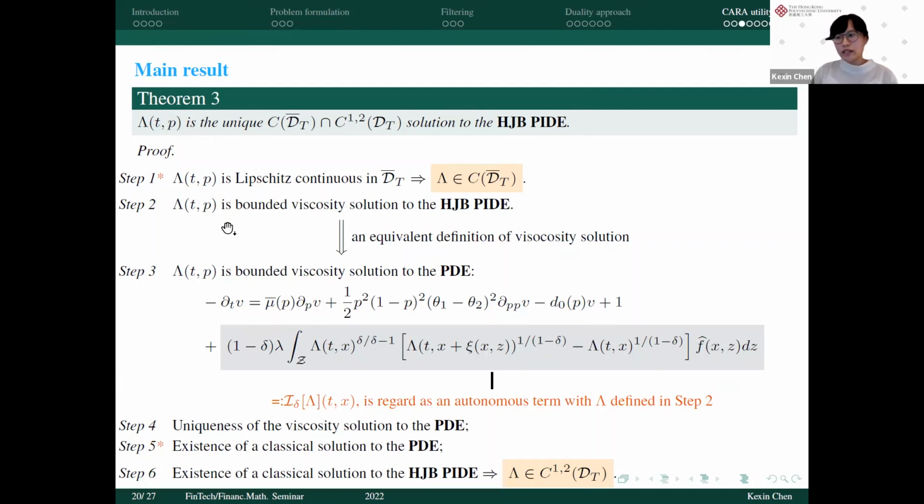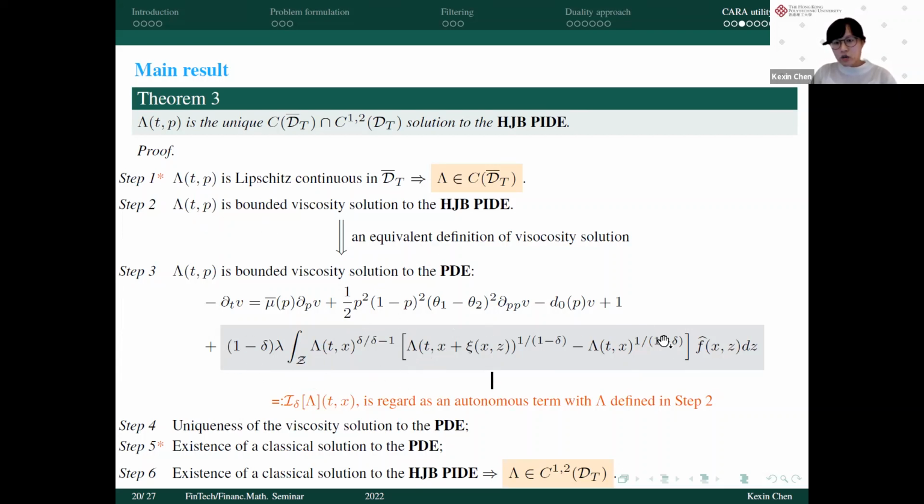And next, we show that it is a viscosity solution to the HJB-PIDE. And then we use an equivalent definition of viscosity solution. We show that it is also a bounded viscosity solution to the following PDE, where we recognize that this PDE is interpreted as for an unknown V, but the last term that is colored by gray is pre-specified, and where the lambda here is defined from our previous step 2.